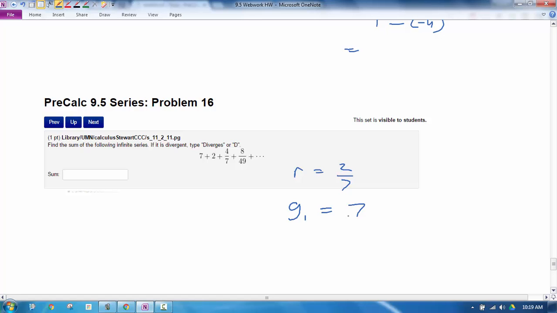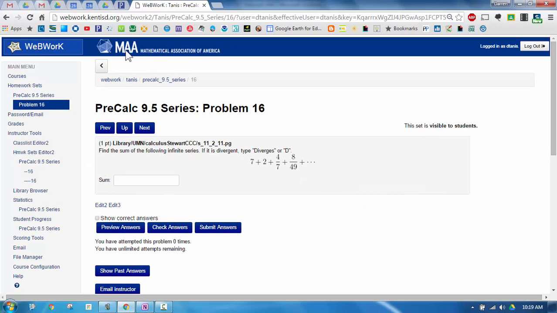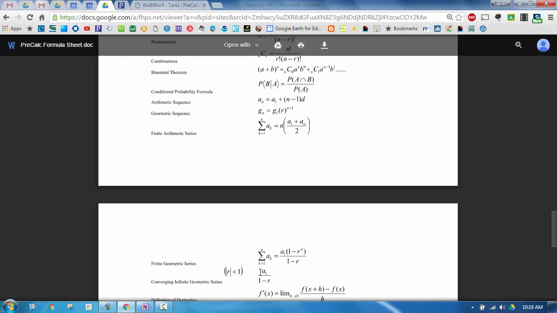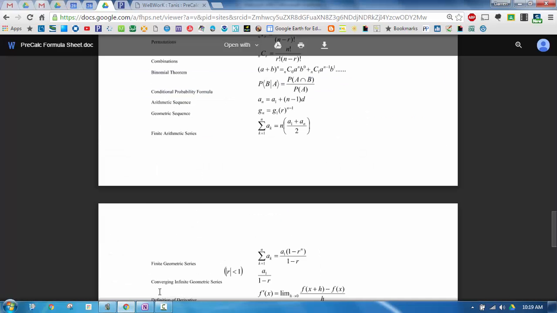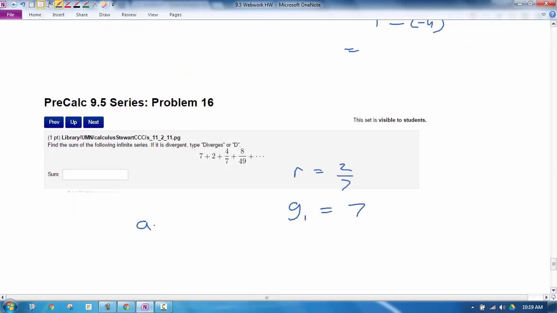Now, because our r is between -1 and 1, we have a simple formula that's on the formula sheet that works just fine for finding the infinite geometric series. It's the first term divided by 1 minus r. So the first term is 7 over 1 minus 2/7.